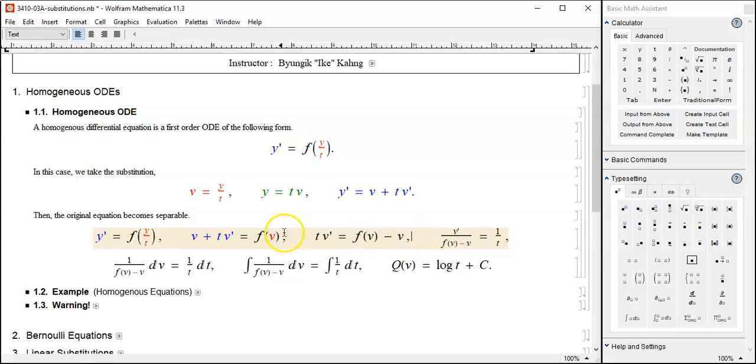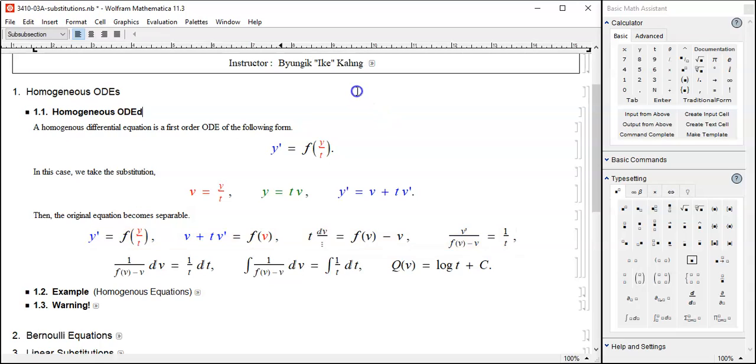Not yet? Then what if I change this v prime into dv over dt? Does it look better? Well, t and this dt, divide those out, excuse me, I said multiply.